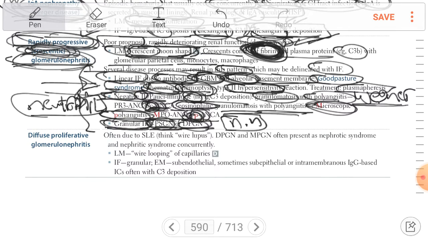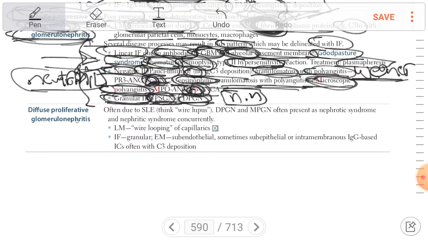Granulomatosis with polyangiitis, called Wegener, is C ANCA, against the neutrophil. C means cytoplasmic, and P means perinuclear, surrounding the nuclei. Eosinophilic granulomatosis with polyangiitis and microscopic polyangiitis are P ANCA.